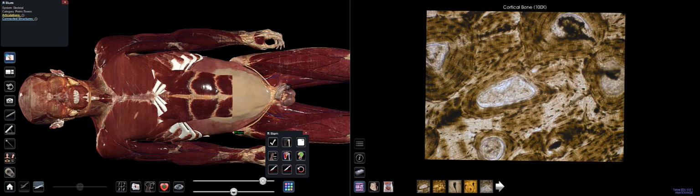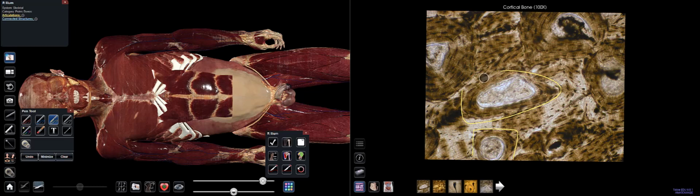And so if I get my pen tool here, this right here is one osteon, and this right here is one osteon. Okay, and there's several of them in this picture.